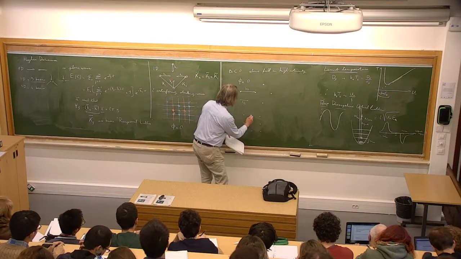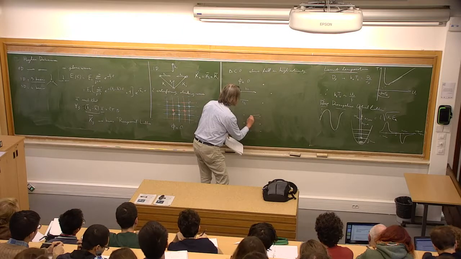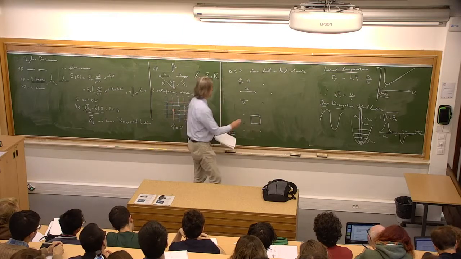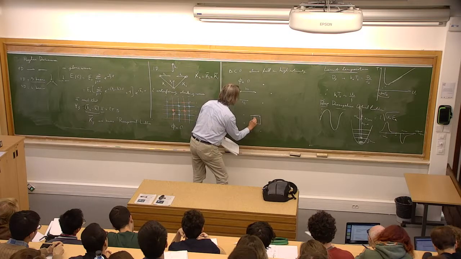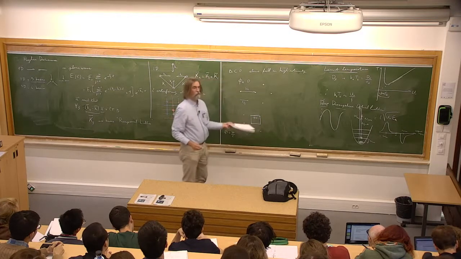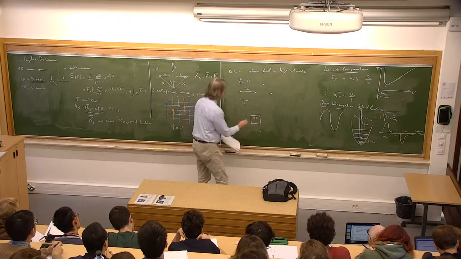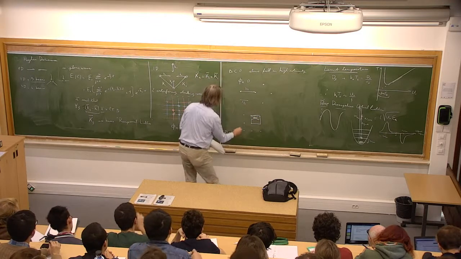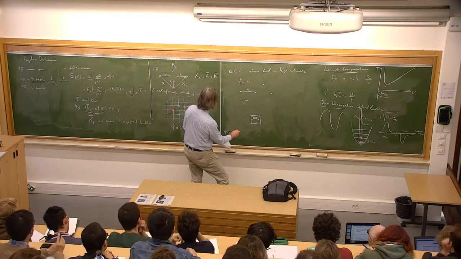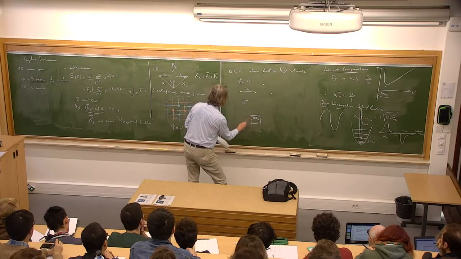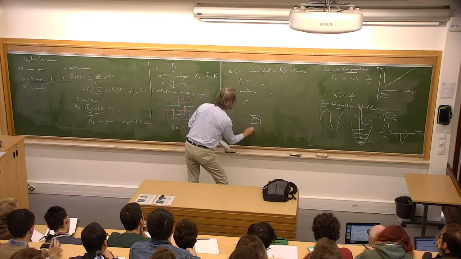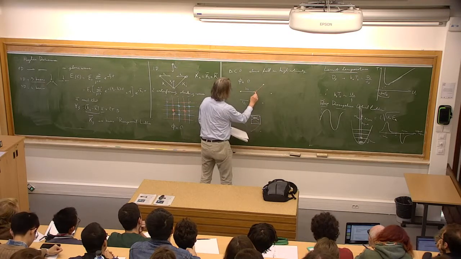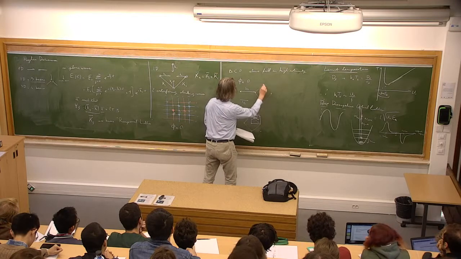Because here you see this square and you think, okay, this is the first Brillouin zone. But this is not true. The first Brillouin zone is not this one. In fact, the first Brillouin zone is this one, and it remains always this one.